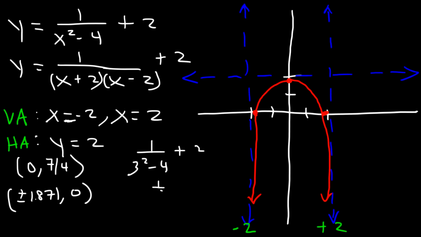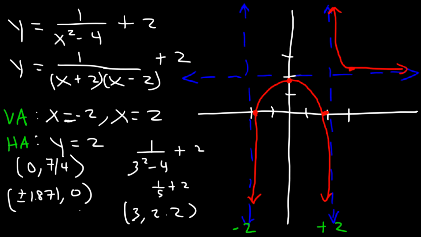So it's going to be 1/5 plus 2. 1/5 is about 0.2. So it's about 2.2. So we have the point (3, 2.2). So at 3, it's going to be just above the horizontal asymptote, which means that the graph should be in this region.